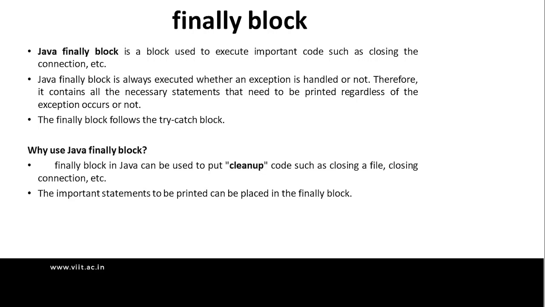In this way the finally block is useful for cleaning up the code, closing files and closing connections, so important statements to be printed or important connections to be closed should be placed into the finally.